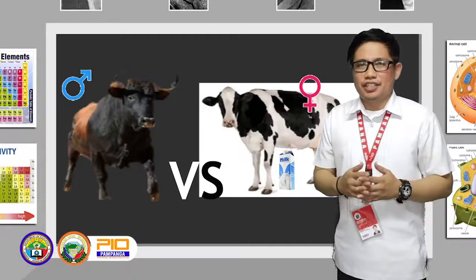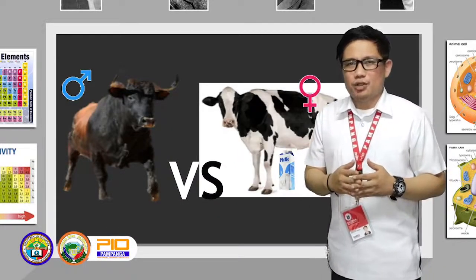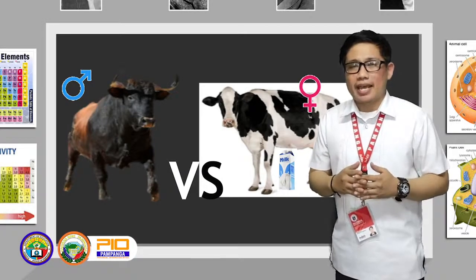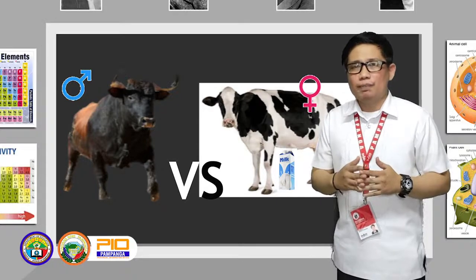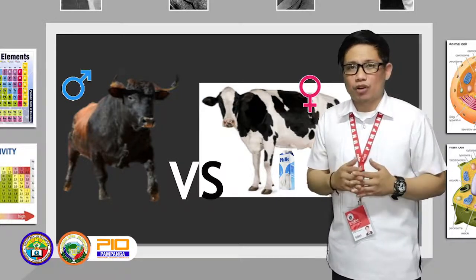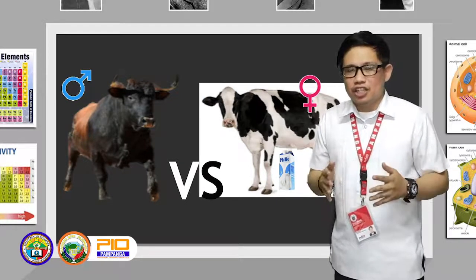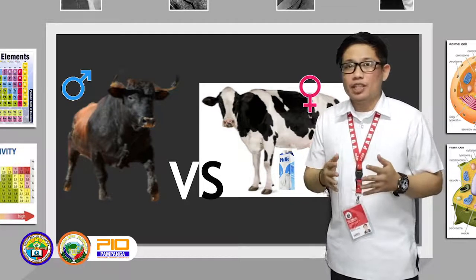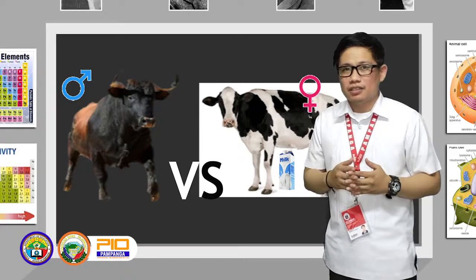In cattle, for instance, lactation is expressed in females, but never in males. Both male and female cattle, however, possess a gene pair for lactation. These genes are carried by both males and females, but it's only expressed in females.